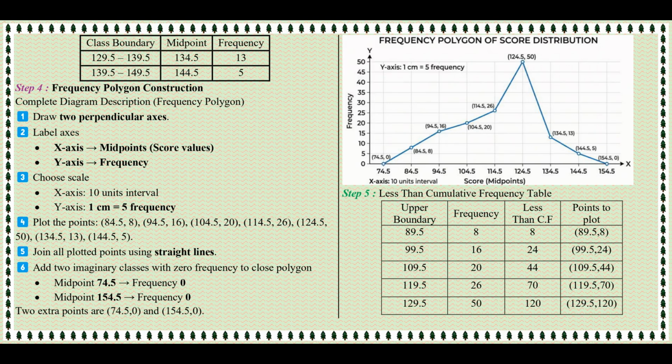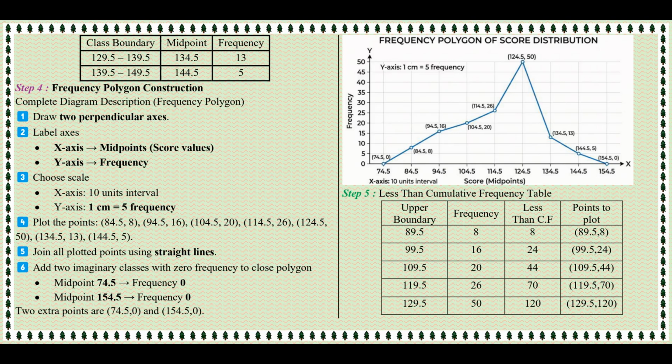Now let us move towards ogives, which are cumulative frequency curves. First, we construct the less than cumulative frequency table. Let's read it carefully, like a teacher explaining a table. At upper boundary 89.5, cumulative frequency is 8, so point is 89.5, 8. At 99.5, cumulative frequency becomes 24, so point is 99.5, 24.